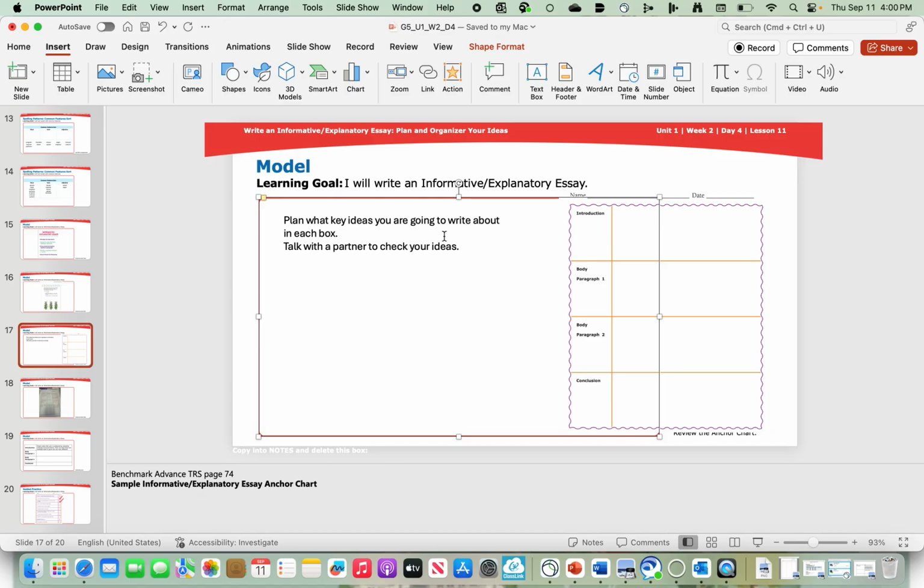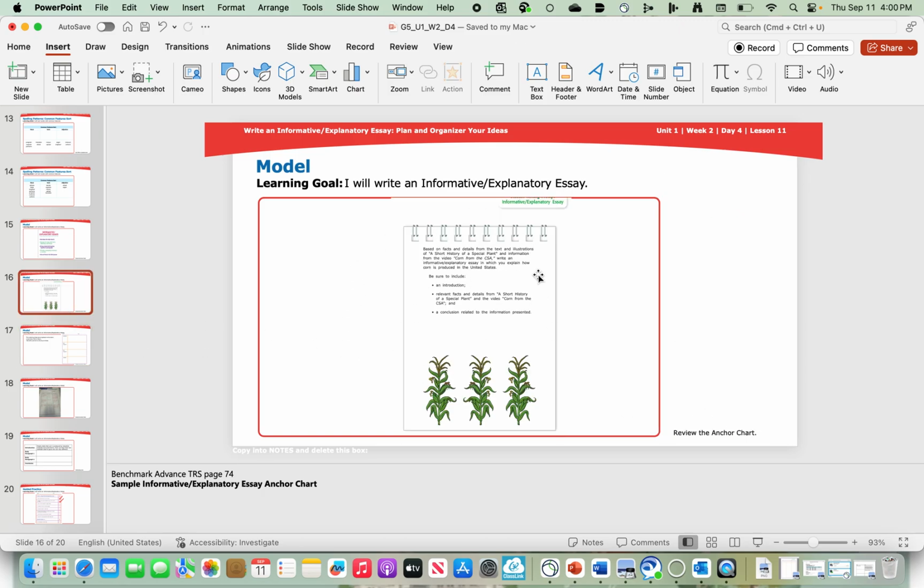Plan what key ideas you are going to write about in each box and write it down. So you'll write it here. So what's your introduction going to be like? What are you going to talk about in your body paragraph 1? What are you going to talk about in your body paragraph 2? And what are you going to talk about in your conclusion that answers this prompt?